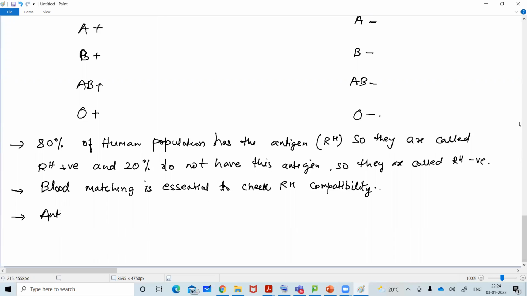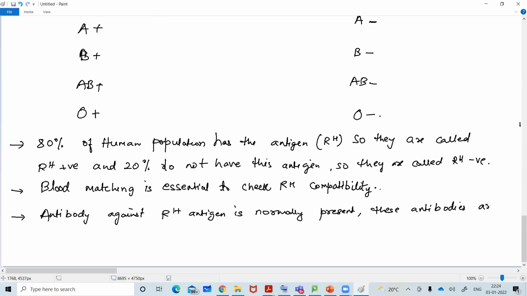So you can say here that antibody against Rh antigen is normally not present. These antibodies are synthesized only on exposure to the antigen.